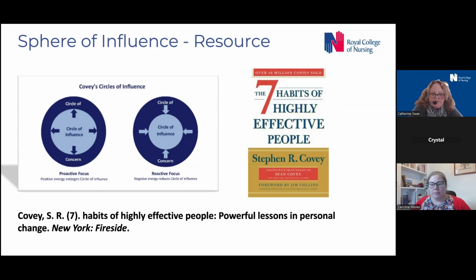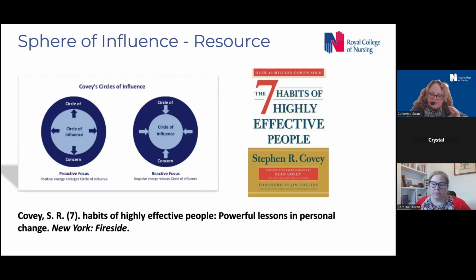So the sphere of influence idea really was popularized by Stephen Covey over the last few years, and he wrote this book called The 7 Habits of Highly Effective People. And if you're needing a little bedside reading, this is the one for you. But what Covey distinguishes is between what we call proactive people and reactive people.